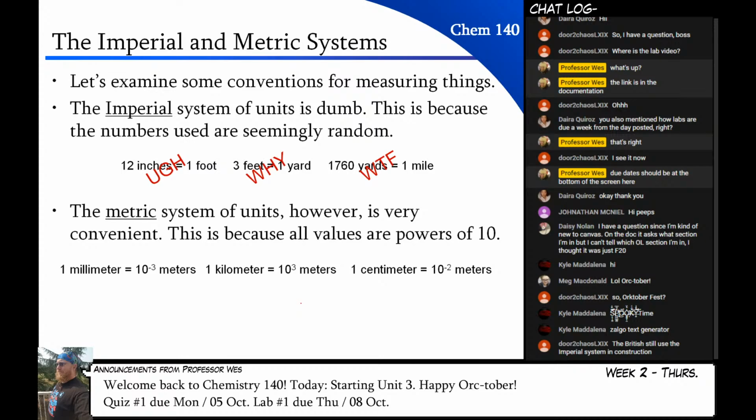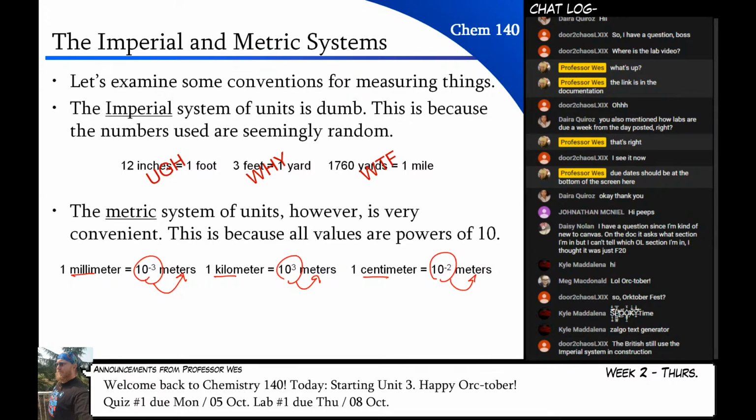So here are some conversions that involve powers of 10, and you can see that here. So here's my power of 10, and you'll notice that every time my power of 10 is associated with the term meters. And that's because these prefixes that I am underlining have those functional values.